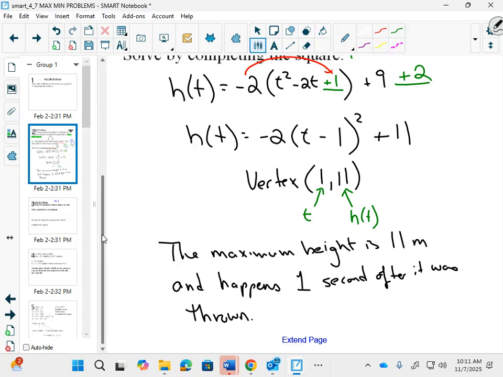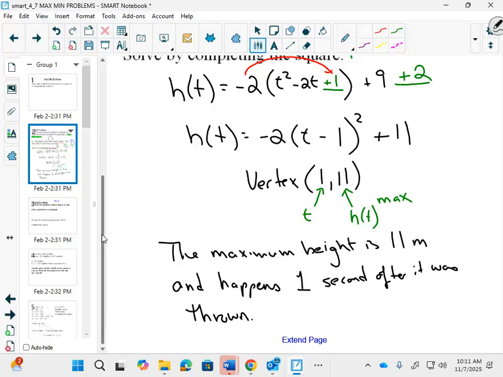And because it's the vertex, the y-coordinate of your vertex is a maximum. Why is it a maximum this time? Because our parabola was going down. So we can find a maximum height, in this case, if we find our vertex.